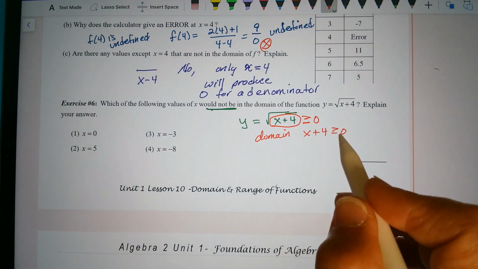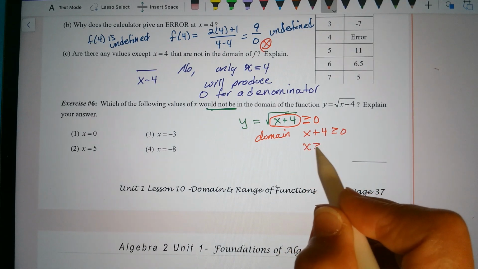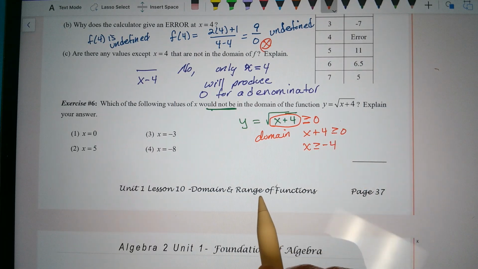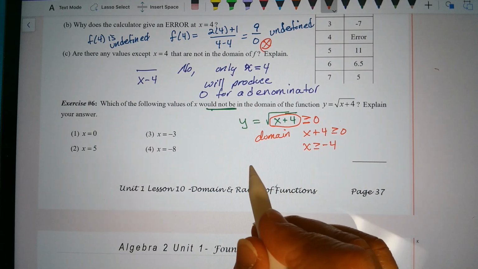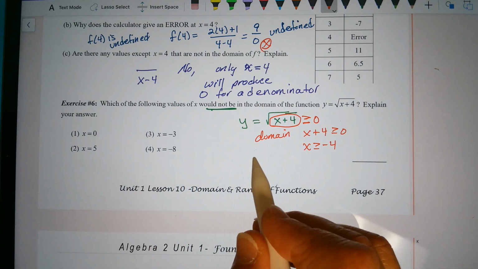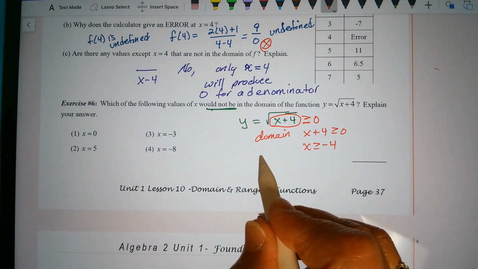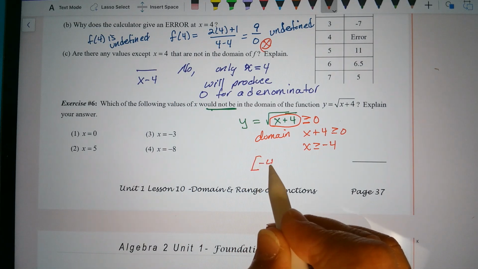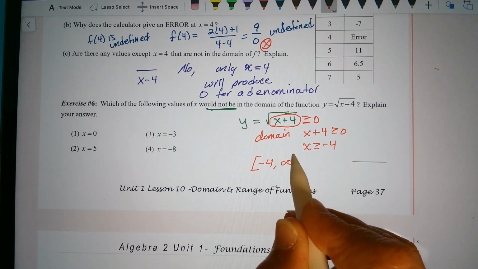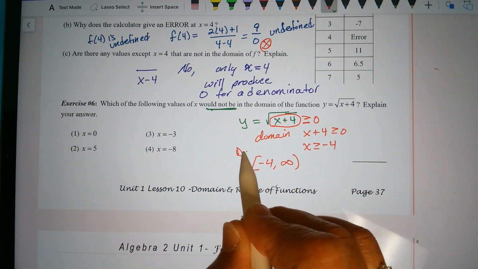Solve this. Subtract 4 from both sides, and x is greater than or equal to negative 4. Our domain would be the set of all x from negative 4 to infinity. This would be our domain.